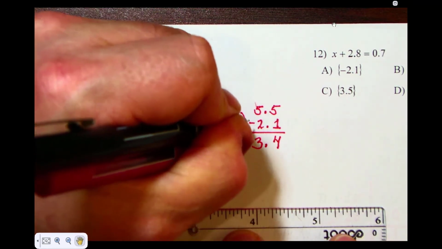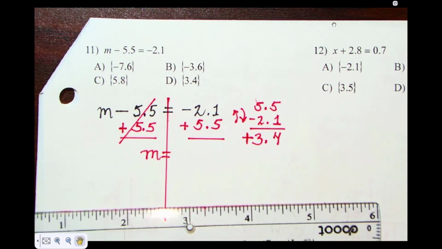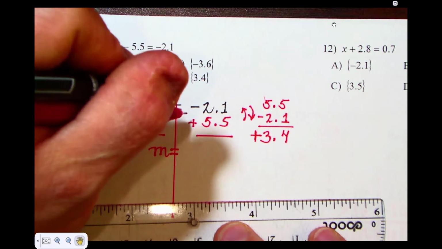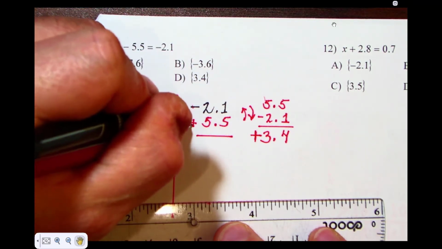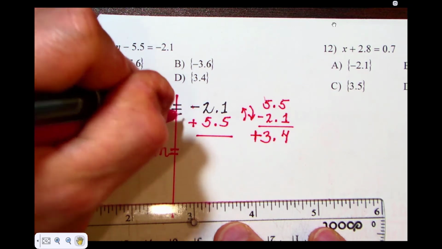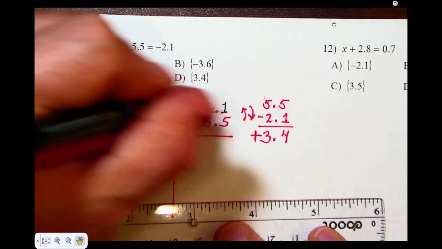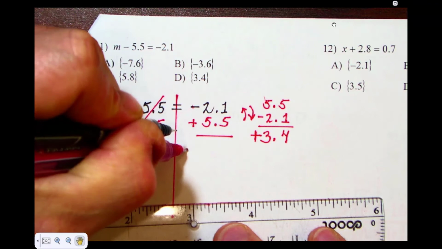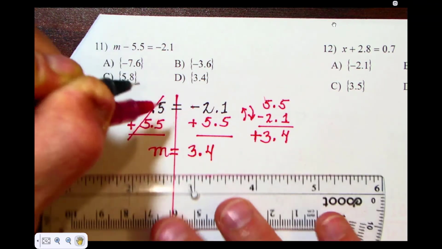No, it's not negative 3.4. It's positive 3.4. Here I'm making the same mistake that I was telling you guys not to make. It's not negative. The way that you determine that is you look at these two numbers and you say, which one is bigger, the positive number or the negative number? Well, the positive number is bigger, so the result of the subtraction by law has to be positive. Okay? So it's going to be positive 3.4.